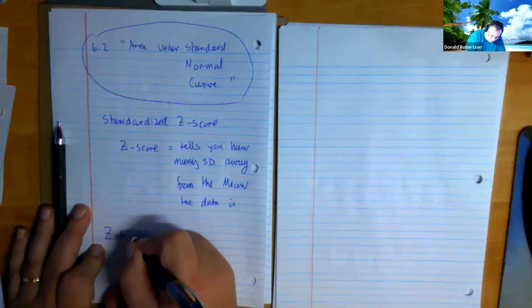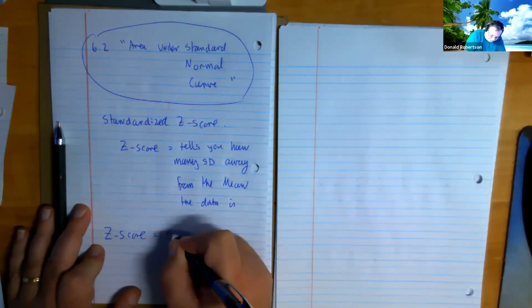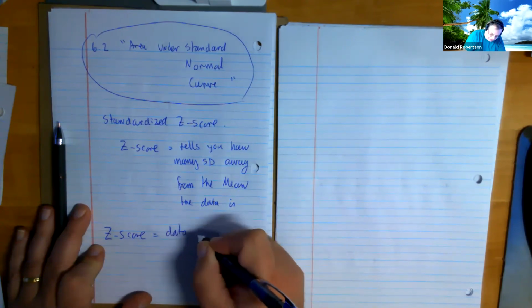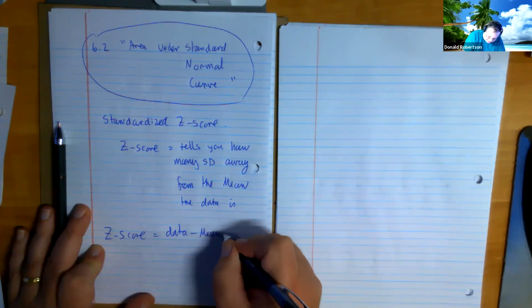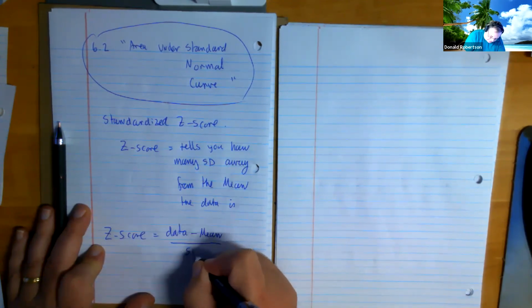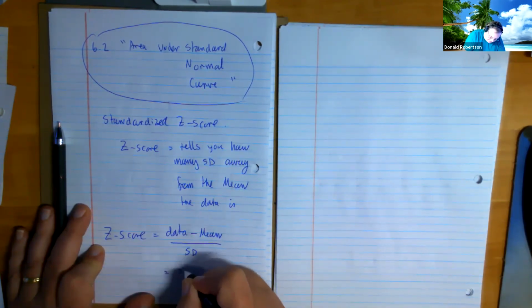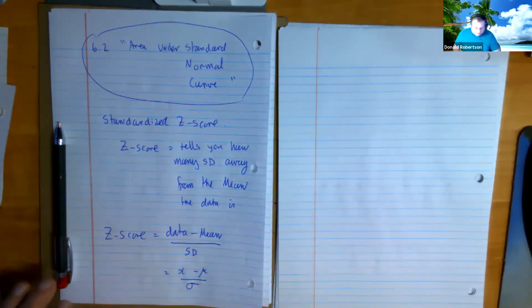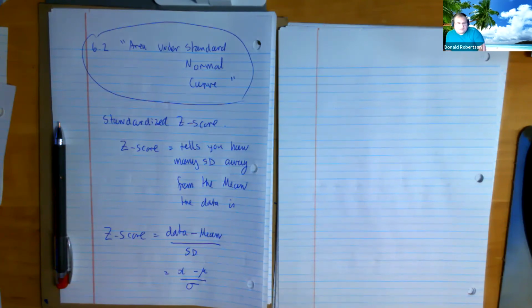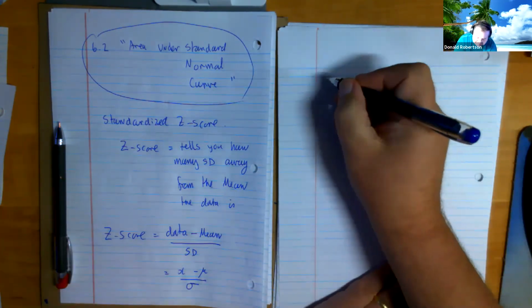What does the z-score formula look like? Well, if you want to do it in English, it's the data, the number, take away the mean, divided by the standard deviation. The algebraic way of writing it is that.